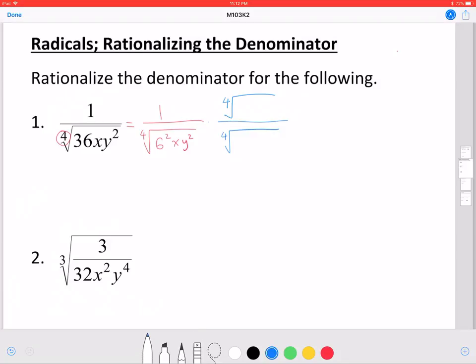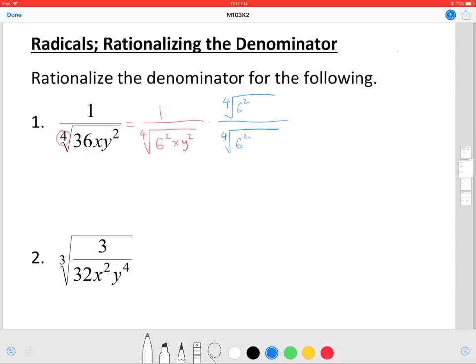Like I said, I want to make my new denominator radicand into a perfect fourth power. I already have 6 squared, so if I have one more 6 squared, that'll make 6 to the fourth. That's what I want. 6 to the fourth and the fourth root should cancel each other out, and I should just get 6.